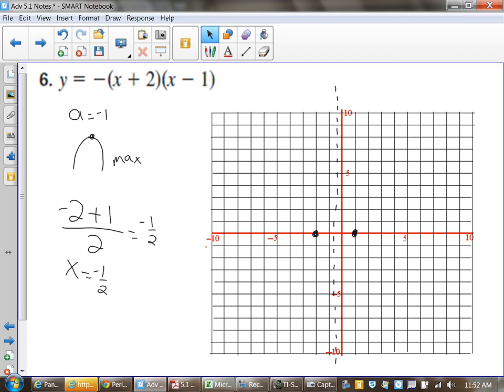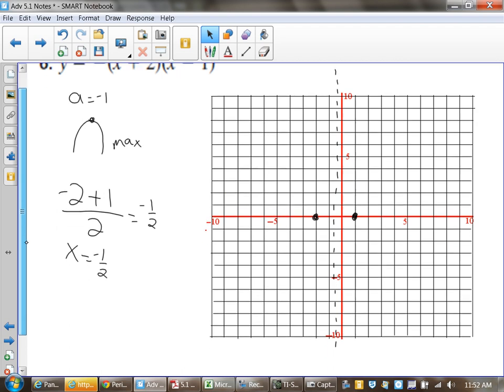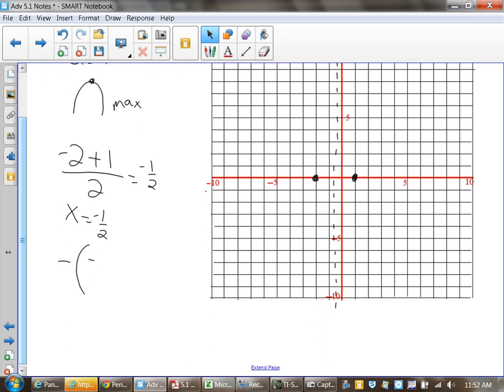We know this is a maximum, so I know that my vertex should be above my x-axis. I just have to figure out where. So once again, we get, what is that? Negative times -1/2 plus 2, -1/2 minus 1. This is -1 times 1.5 times -1.5.